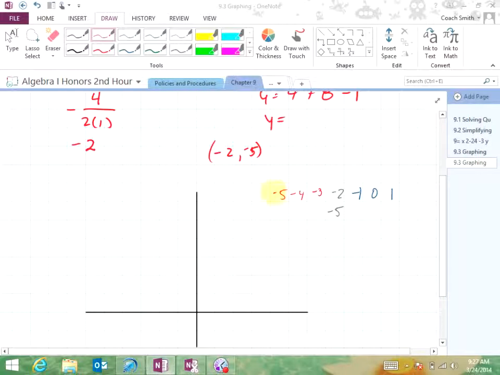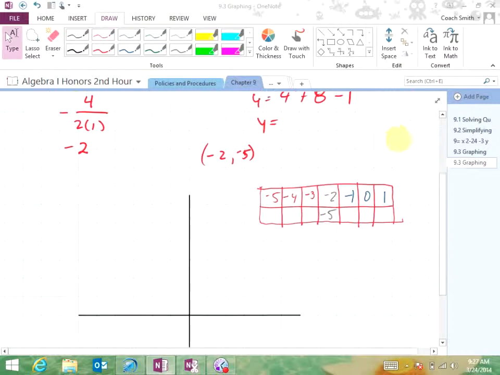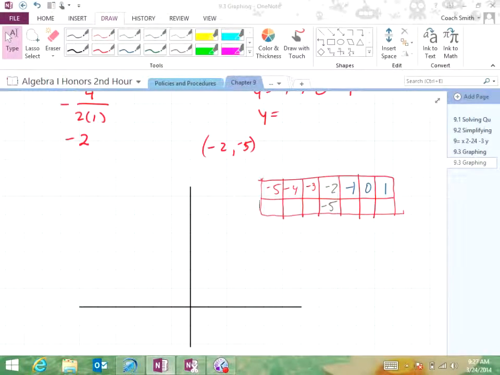Okay, and this is really easier to do on graph paper, because there's your input-output table right there. Okay. So we plug those in. So x squared plus 2x minus 1. So you plug in negative 3.